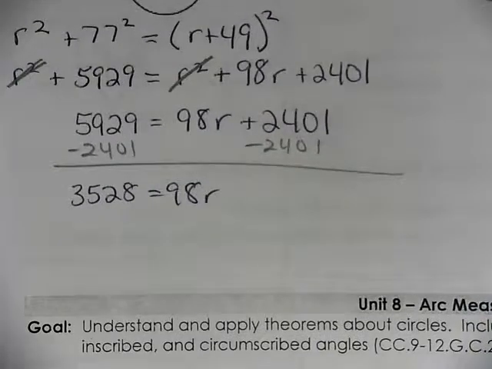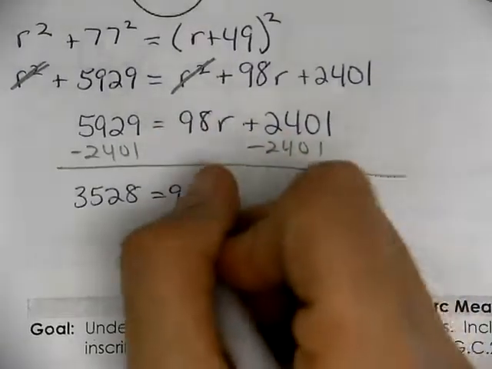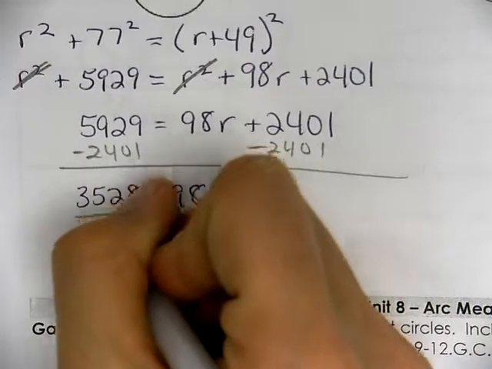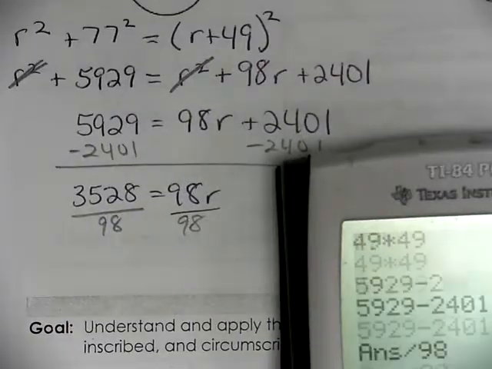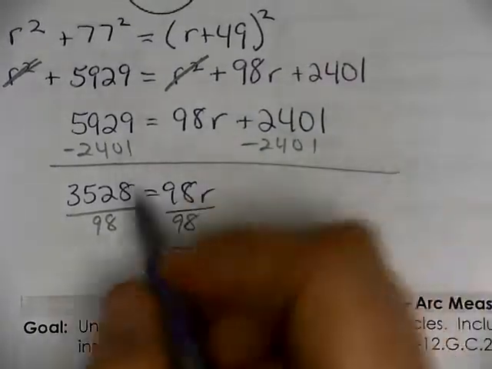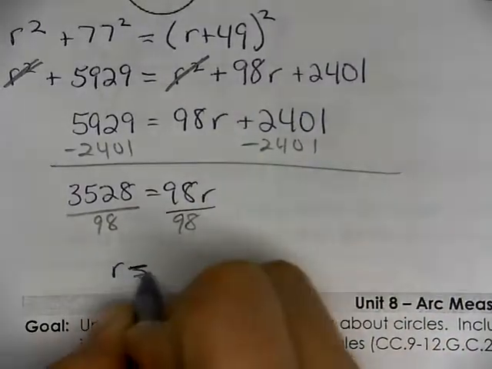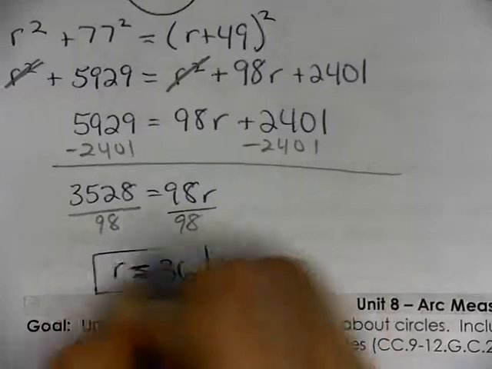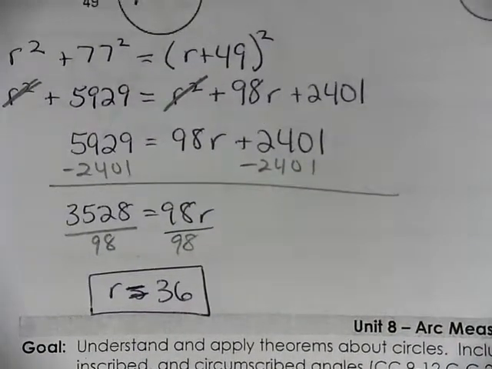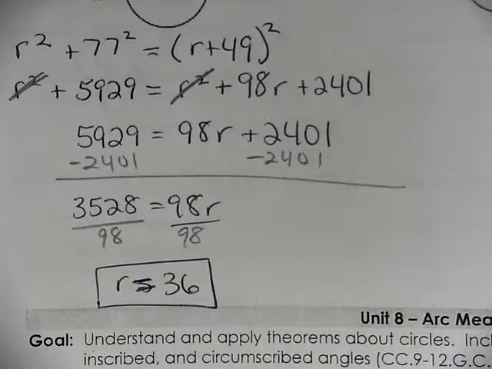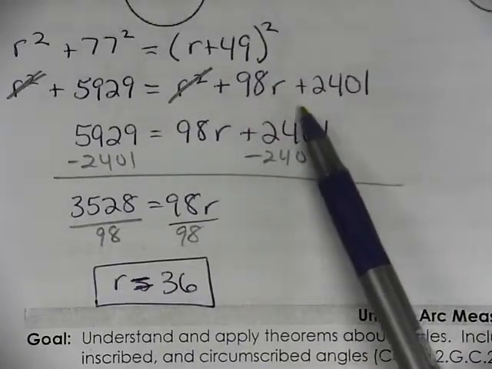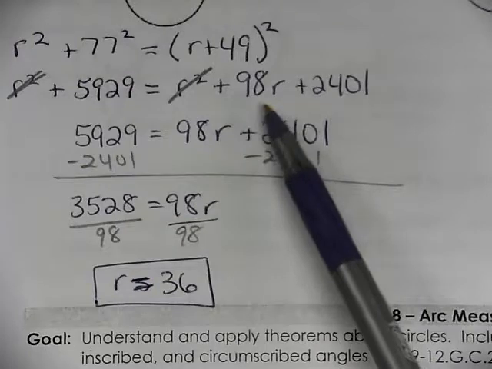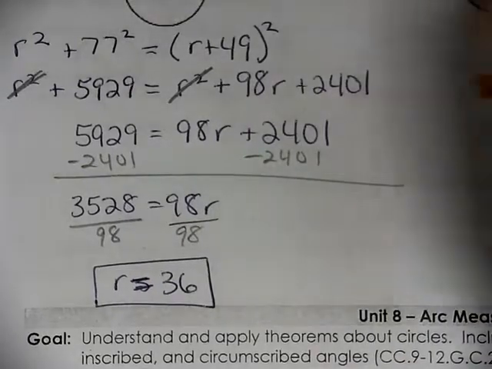And then what's my last step? Yeah, divide by 98. So the radius here is 36. Okay, so the hardest part is foiling. It's an algebra skill that you've got to remember from last year. Okay, let's try another one.